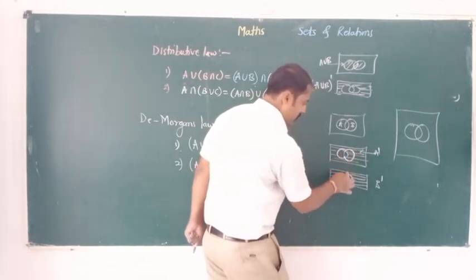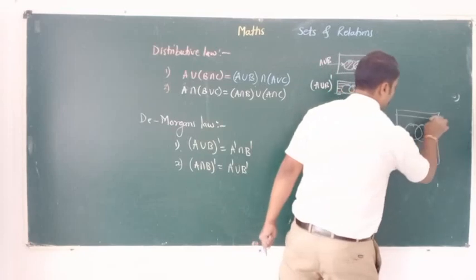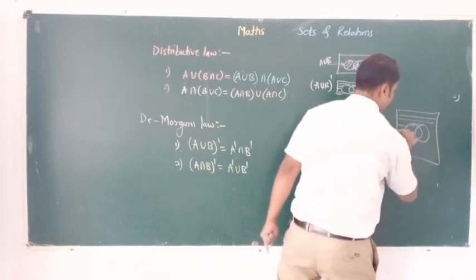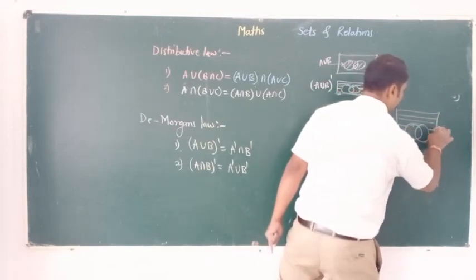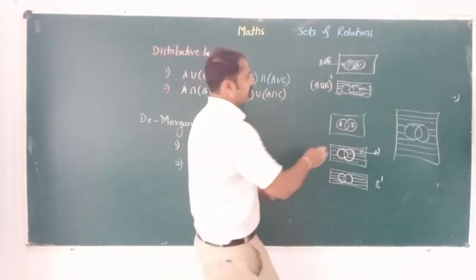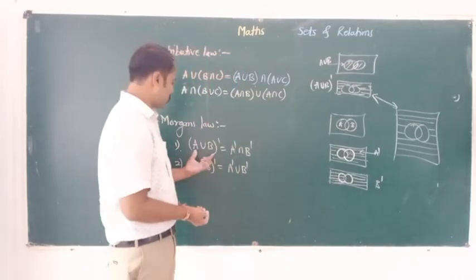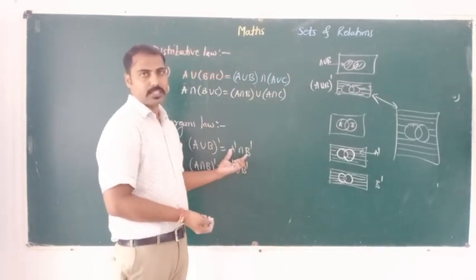This portion is not common, this portion is not common. The remaining portion is common. Which portion? It's outside A union B. And look here, these two are same. So LHS is equal to RHS.